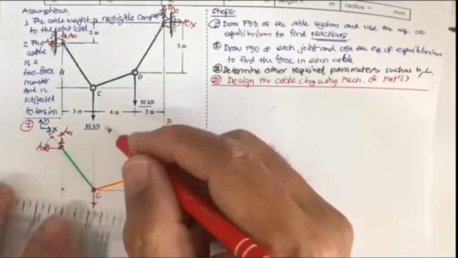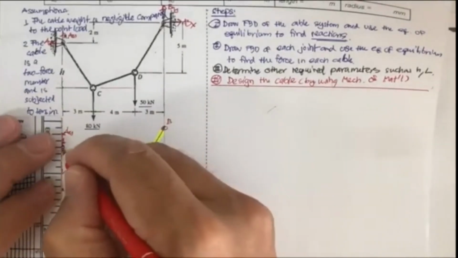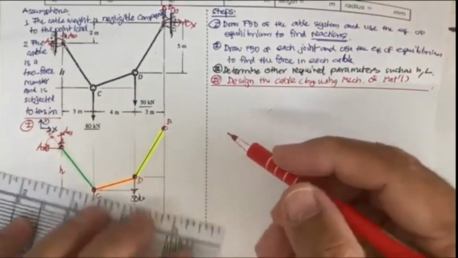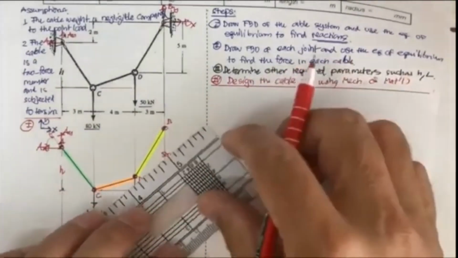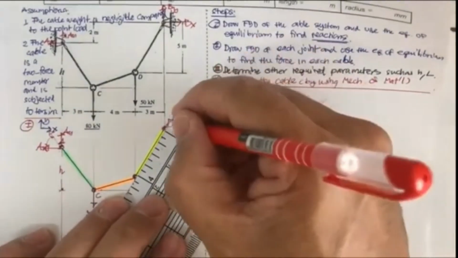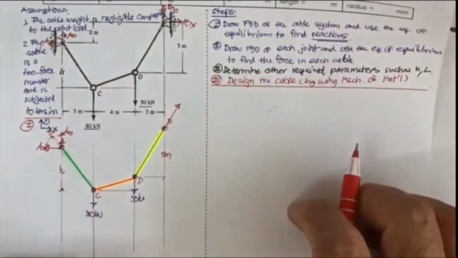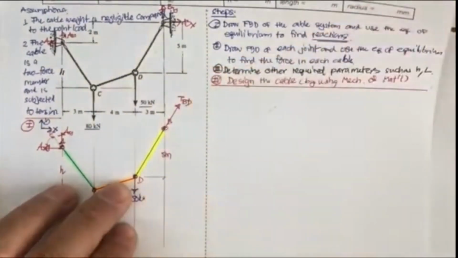But at A we have the unknown H, the sag length here, so we cannot determine the angle here. But for this side we have 5 meter, and then we may find this reaction in the form of the tension along segment BD of this cable.